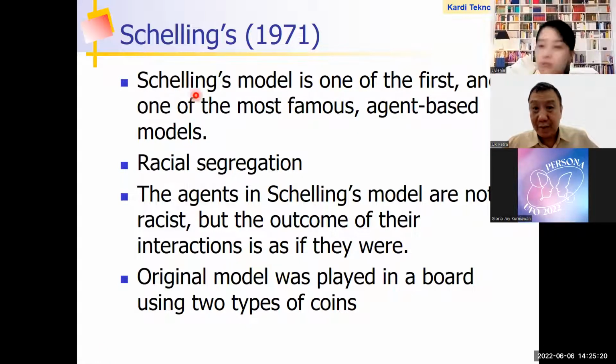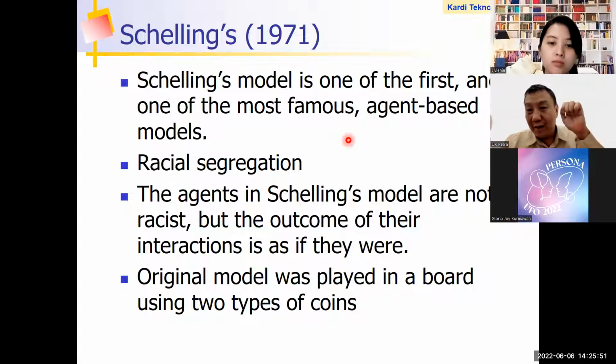Thomas Schelling created probably one of the first and one of the most famous agent-based models, to model what is called racial segregation. In the US, around the 1960s, the black movement was very big at that time. People were asking why the black and the white people are fighting each other, right?